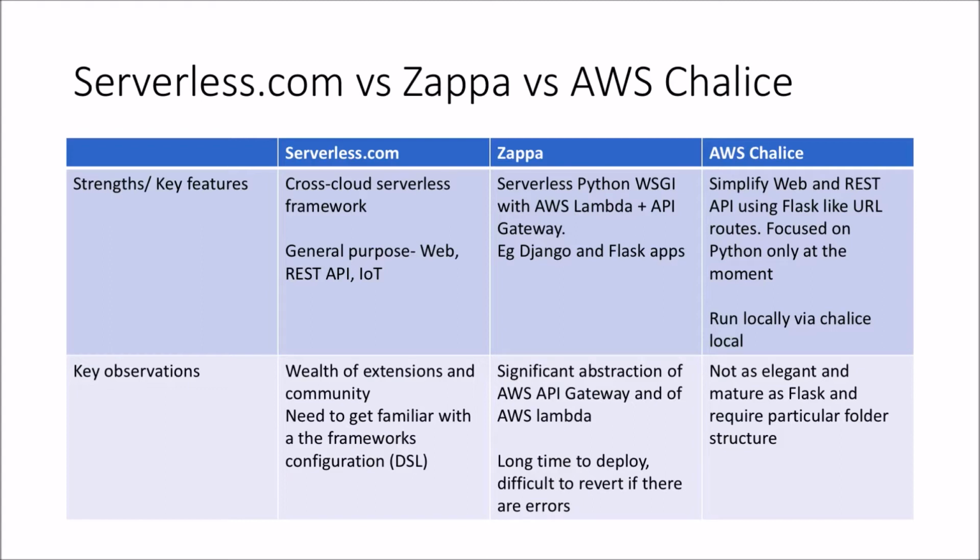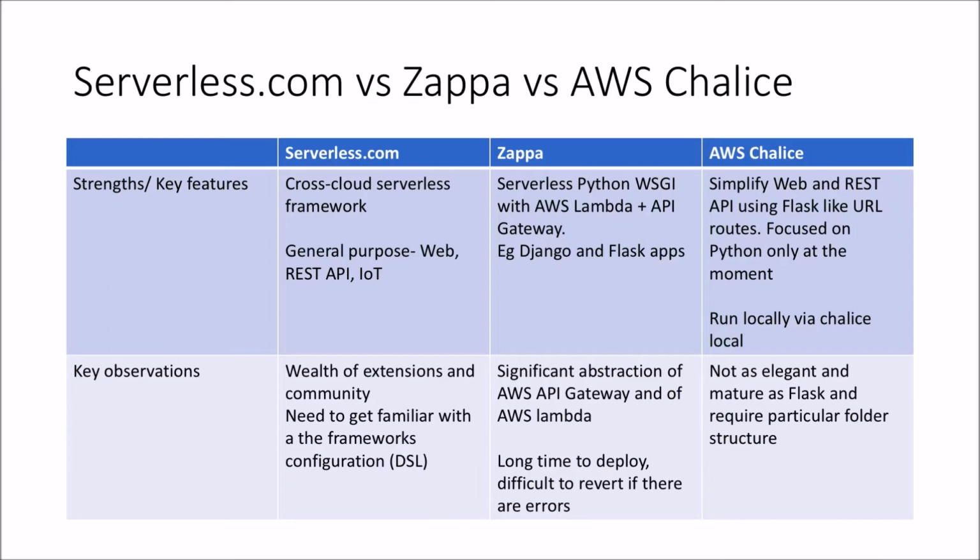While that does bring a lot of simplicity, it really is not as elegant, mature, and complete as Flask. And there are certain prerequisites or folder structures that AWS Chalice needs, which basically means that you won't be able to take your, say, Flask applications and port them over to Chalice overnight.